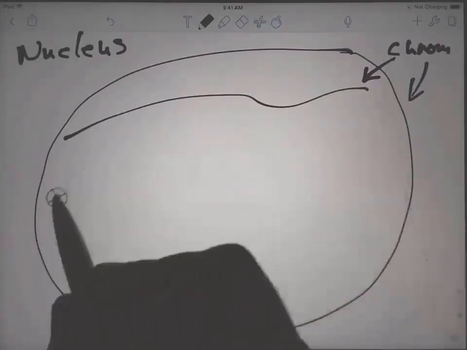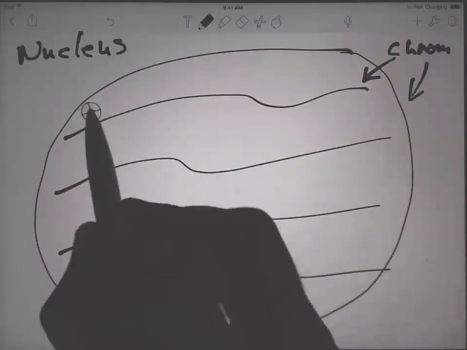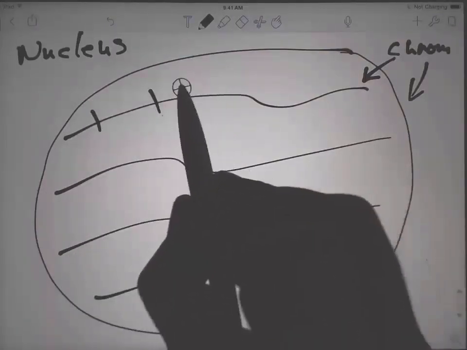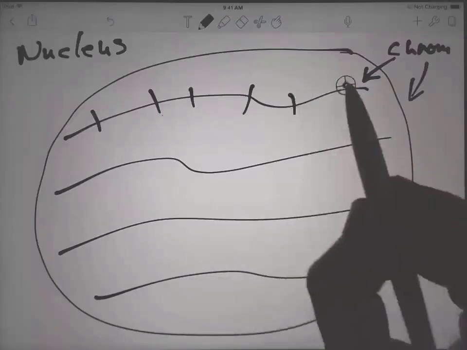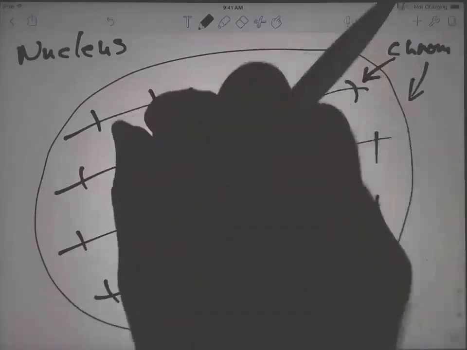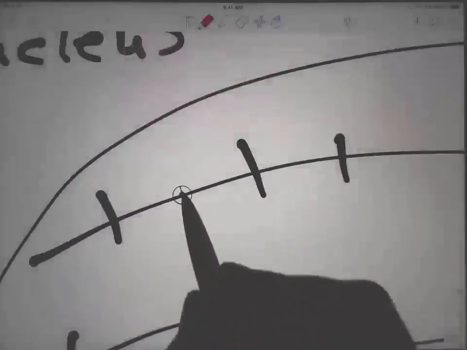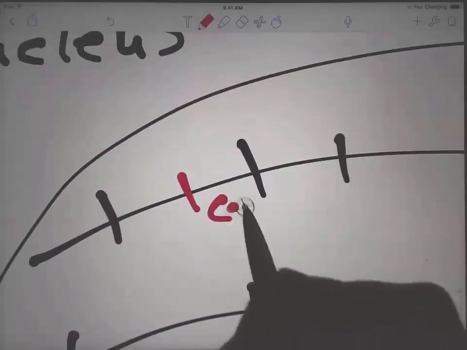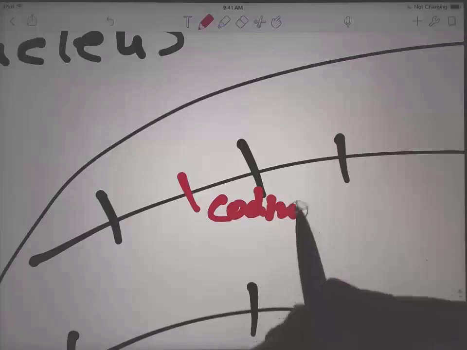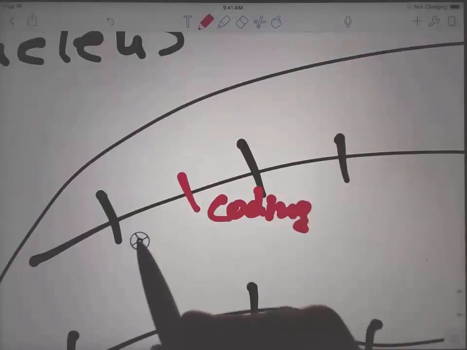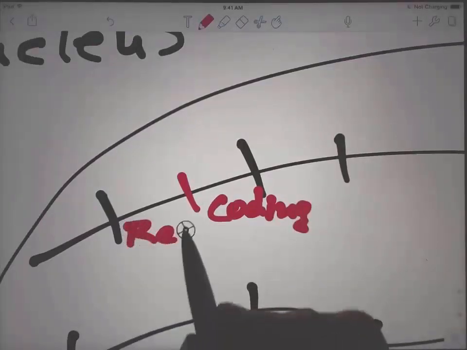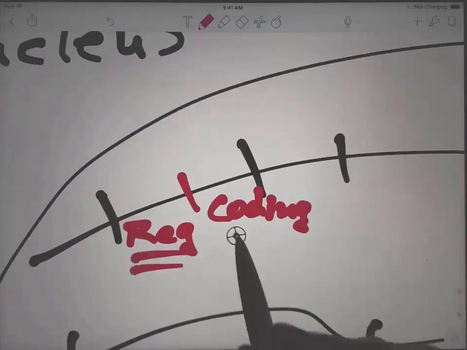with a number of chromosomes, and that those chromosomes have a series of different genes on them. If we zoomed in on a particular gene, we'd find that it has a coding region and a regulatory region.